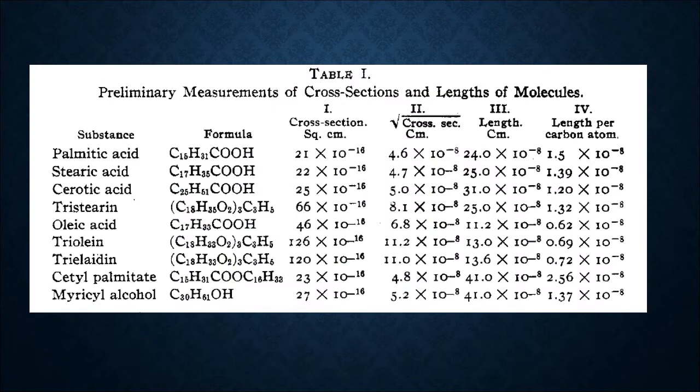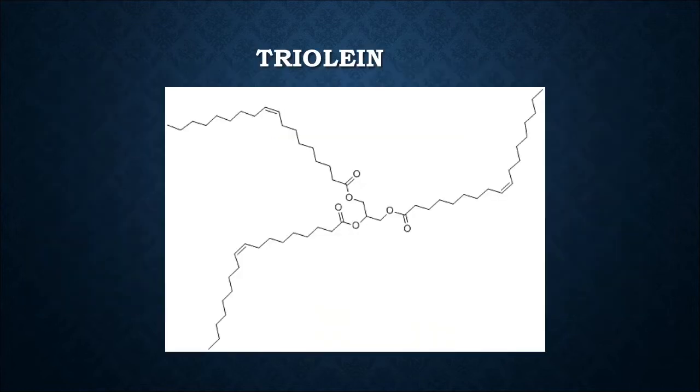So here are the details of his result. He noticed that most of the carboxylic acids give rise to more or less the similar cross-section film pressure. However, there are exceptions, for example triolein and trielaidin. And with that, he tried to look into the structure of these compounds, and this is what he got.